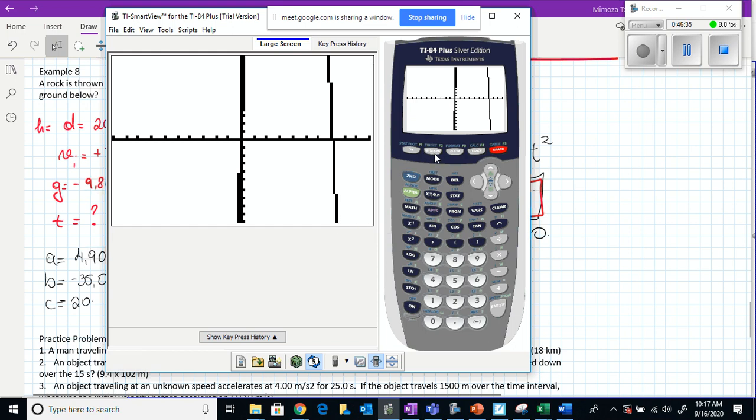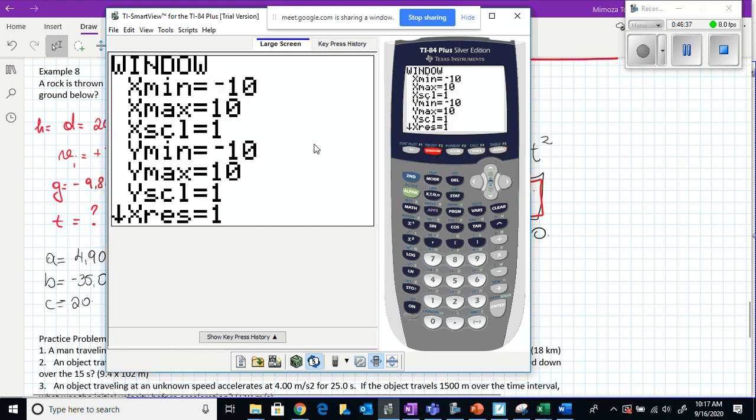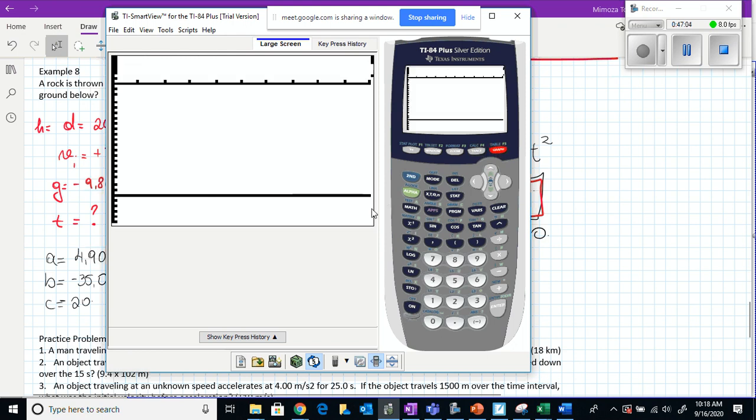You modify the window. For x minimum is 0, for x maximum is 10, it's fine. Scale is 1. For y minimum I will say negative 25, so it includes the negative 20 that we have entered there, and x maximum 5. So what you see now is the point of intersection between those two graphs. This is the one that we are looking for.